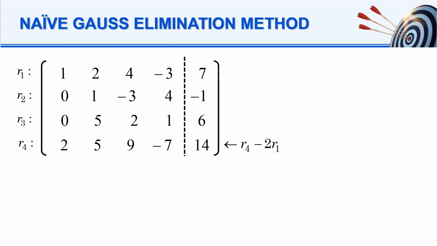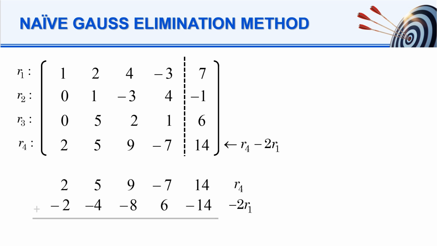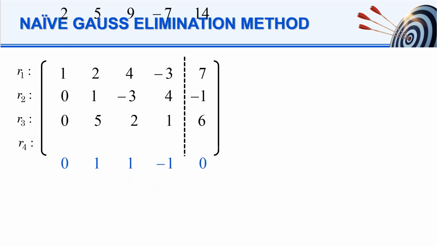Then, we add -2 times row 1 to row 4 to eliminate the fourth row element. Row 4 is replaced by the resulting row. This also marks the end of the first pass.